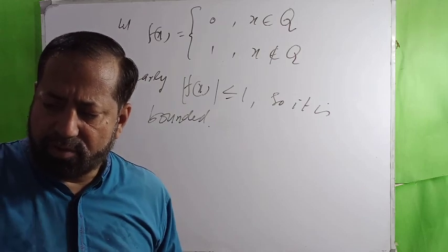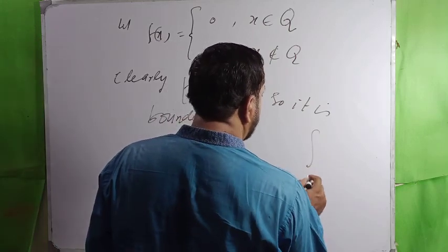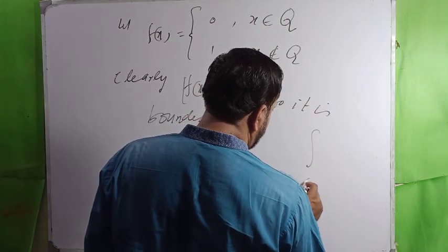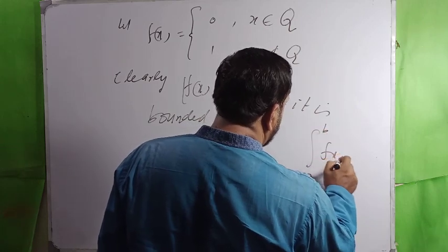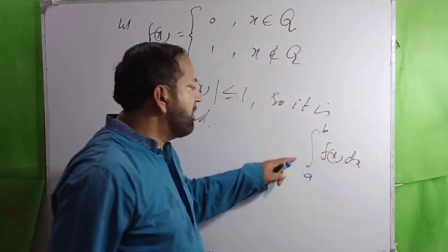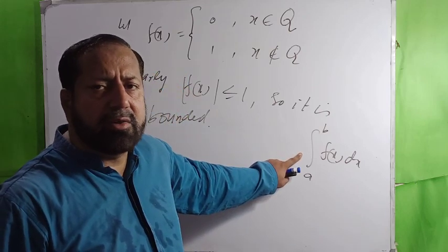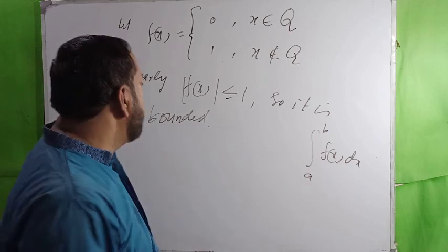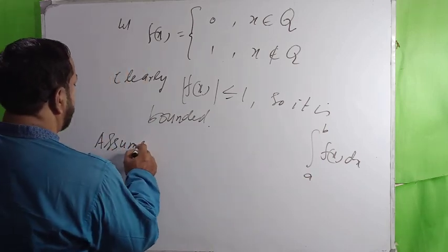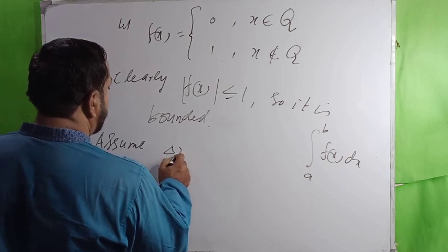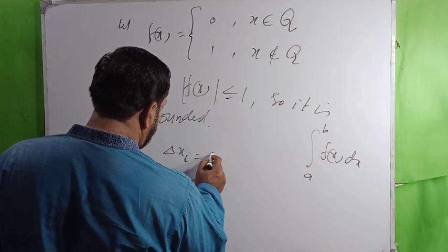And suppose we want to integrate this function f from say 0 to 1 or whatever, from a to b. In general, you want to find the integral for this, and you may suppose that delta x_i is equal to a constant number. Take, assume, delta x_i is equal to some constant c.